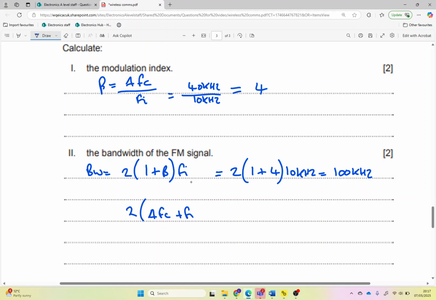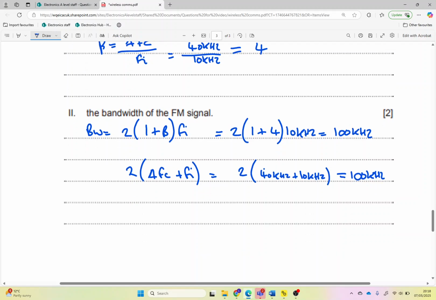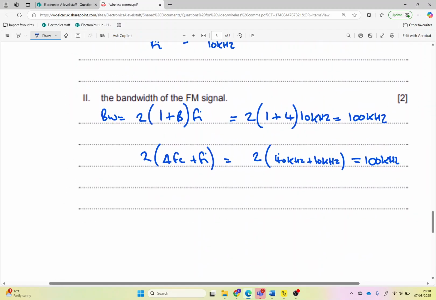If we wanted to use the other formula, which we can do, slotting in the frequency deviation plus our information signal frequency, 40 plus 10 is 50, times 2 gives me 100 kilohertz. So, just proven that it's the same. And that is us finished this paper.